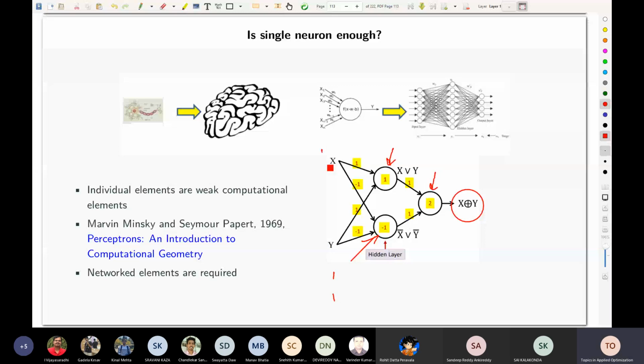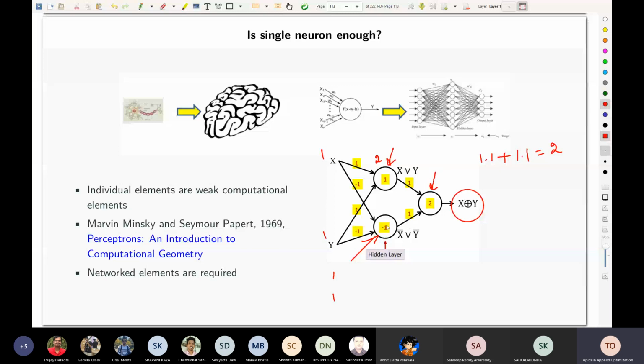So 1 and 1 is here. I take a linear combination of these. To get here, I need 1 times 1 plus 1 times 1, and one more edge is coming here with weight 1 times 1. So it's 2 here.